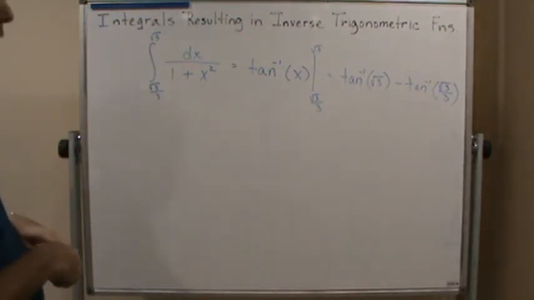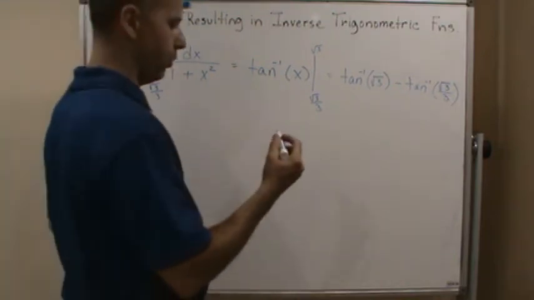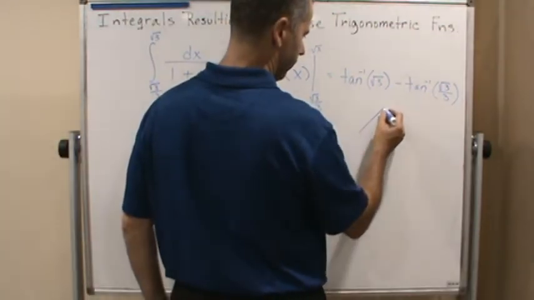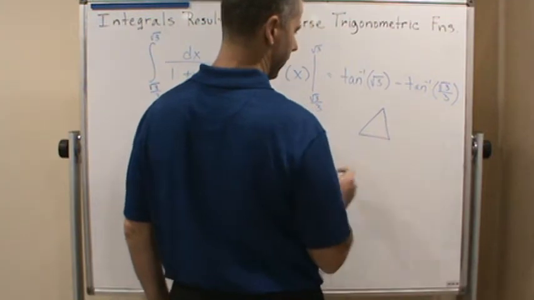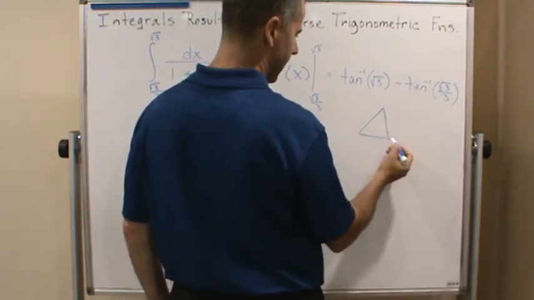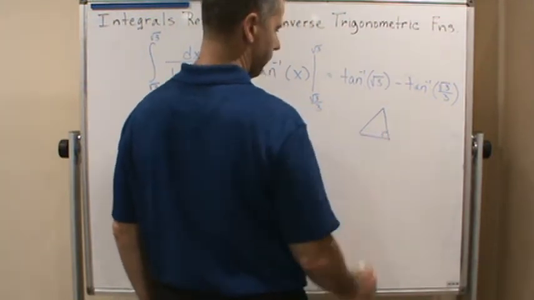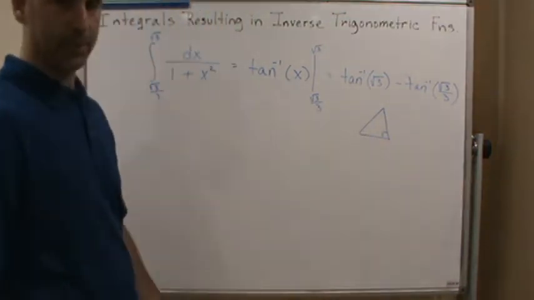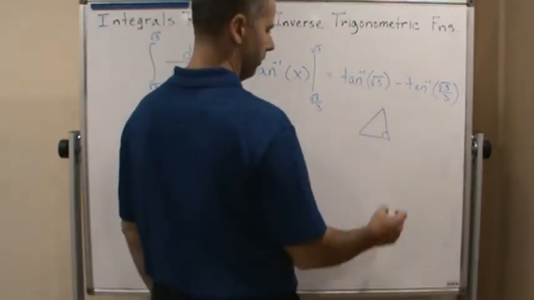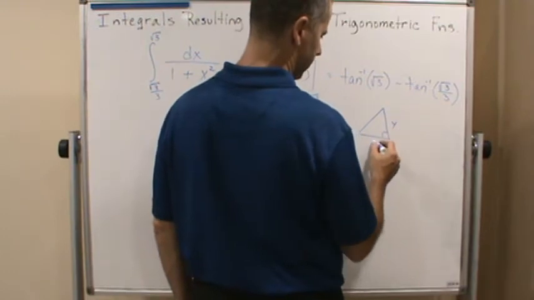Okay, and again, remember the right triangle, right? With tangent, what is it? Opposite over adjacent.